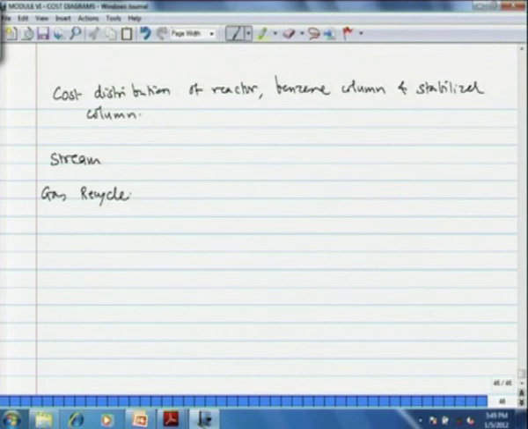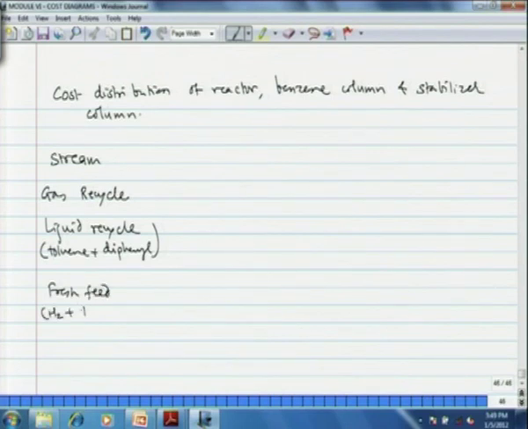Stream: gas recycle, liquid recycle, that is toluene plus diphenyl, and fresh feed, this is hydrogen plus toluene plus methane as impurity, of course. Okay. The flow rates we have already calculated, you have to only sum them up.